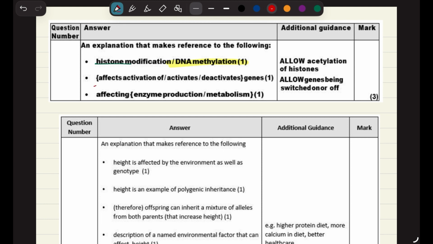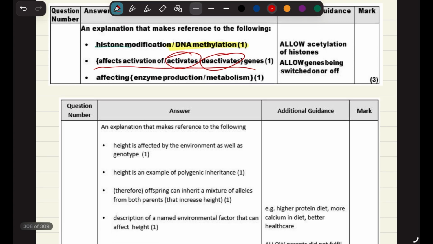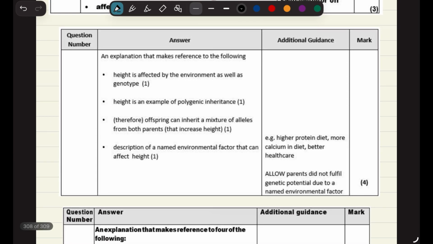That's hitting your second marking point here. We can also add in a part about activating or deactivating genes. And if we deactivate a gene, it's going to affect the protein produced, so that's going to affect the enzyme production and metabolism. I'm not sure if you got the context in the question, but always apply context when you're answering questions.